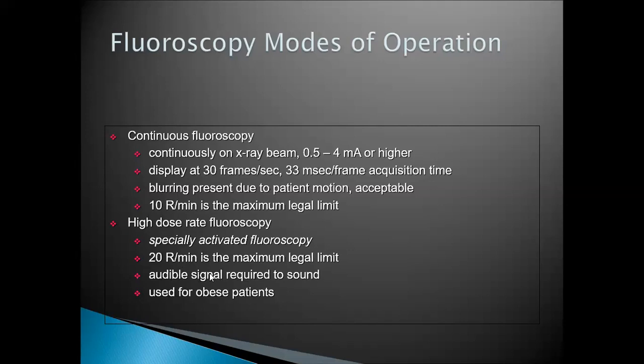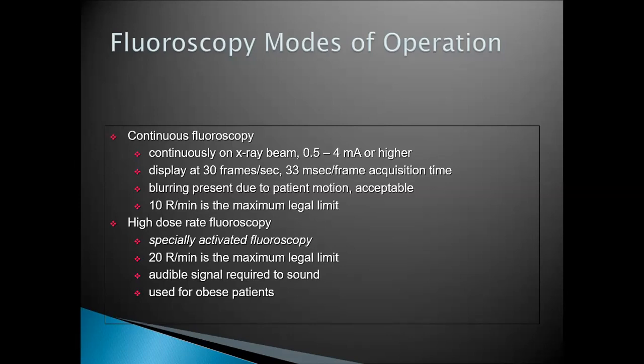But because fluoroscopy is a procedure that could lead to some deterministic effect, it is expected that the fluoroscopy machine should have an audible signal. In fact, there is another pedal for high dose rate.